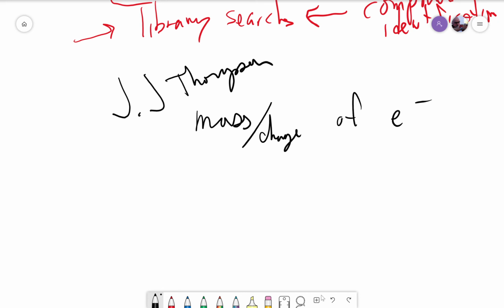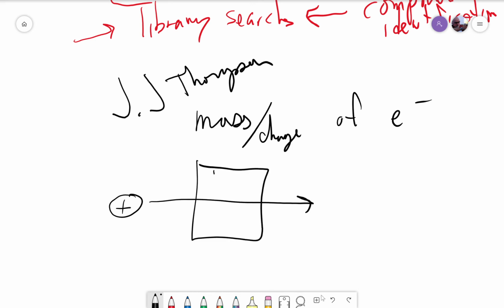He did that because he knew that if you took a charged particle, whether a positive or a negative, and you put it through a magnetic field, that the magnetic field will cause a force, specifically the Lorentz force, at 90 degrees to its velocity vector.